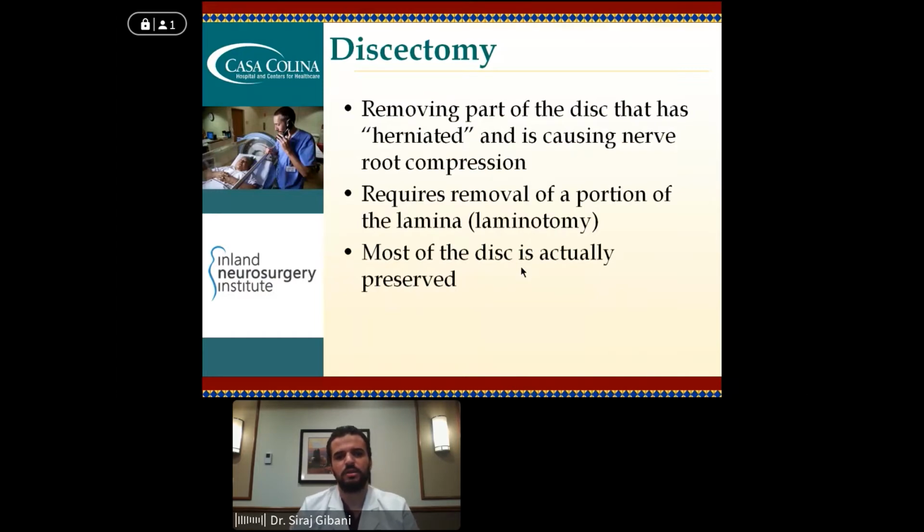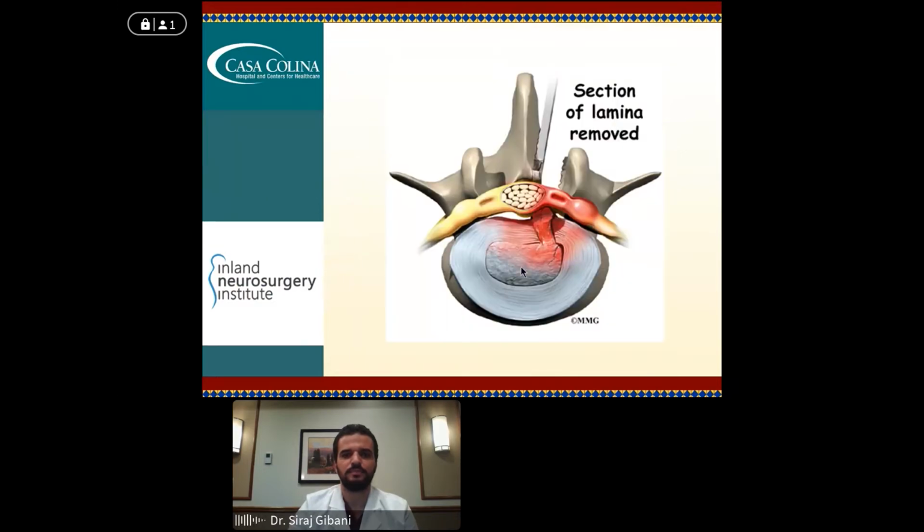As a result, surgery may be required, especially when conservative treatments have been attempted and have failed. The understanding is that most of the disc is actually preserved, and we're only removing the part of the disc that is herniated and leaving the rest of it intact.